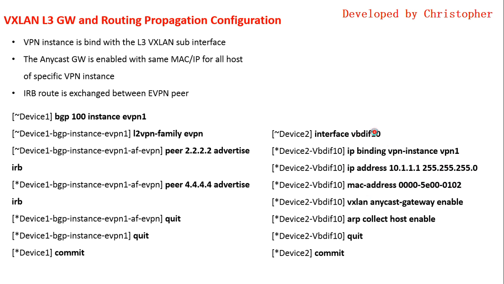This one is the VXLAN interface and the VXLAN layer 3 interface, and then they share the IP and MAC address. On different devices, device 2, 3, 4 is the same if you manually configure that, and then it will enable the Anycast Gateway. After that, if the layer 3 gateway is configured, they will exchange the IRB route between the BGP EVPN instances.